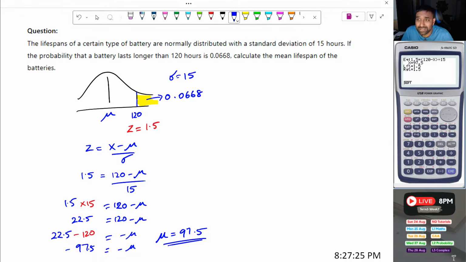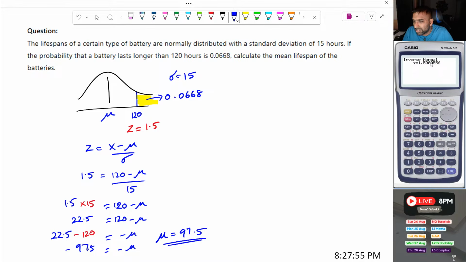Now this one, yes, this is a merit question, by the way. That's why I'm spending a bit of time doing this. It matters how many decimal places you use for probability and the Z value. For Z value, I would say go to maybe 3 decimal places, unless it's fairly obvious. Like in the previous one with the 1.5.